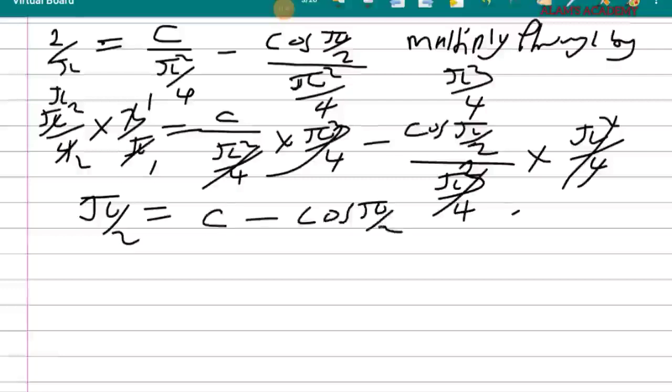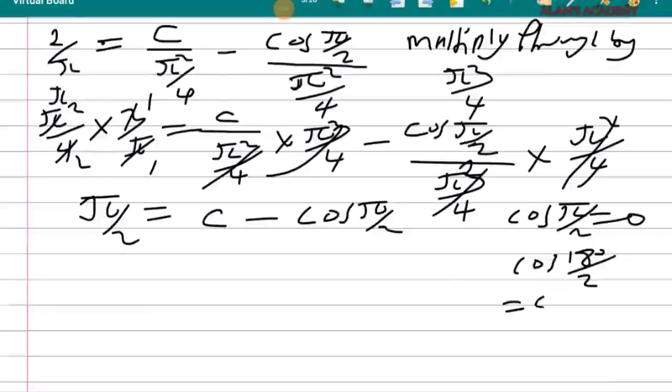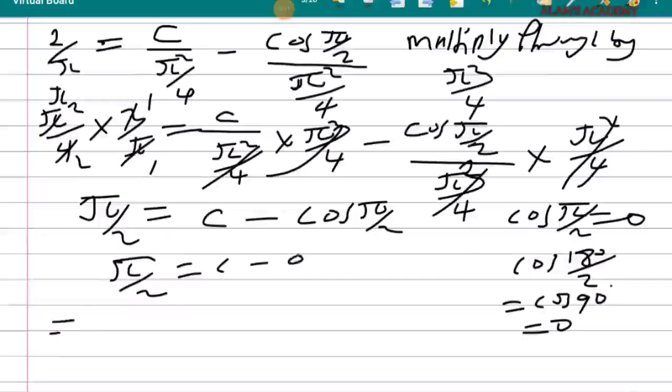Now cos pi over 2 is equal to 0, because pi is 180, so 180 divided by 2 is 90, and cos 90 we know is 0. So therefore I have pi over 2 equal to c minus 0, implying that c is equal to pi over 2.